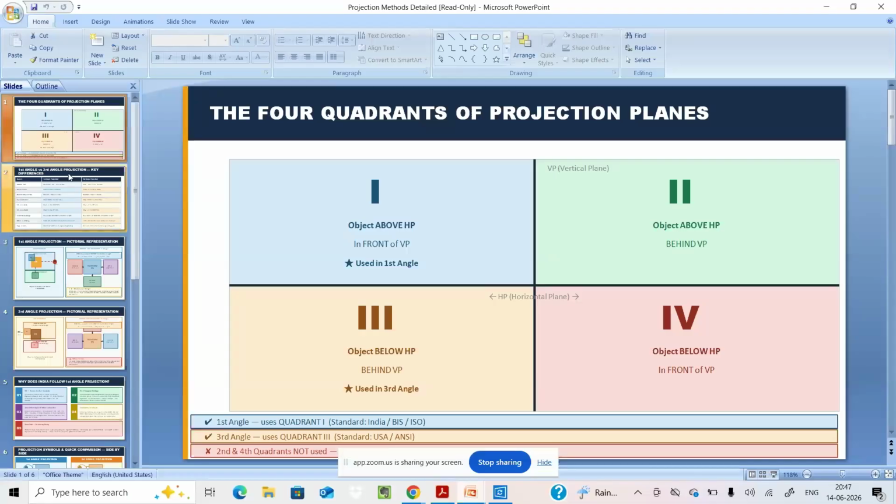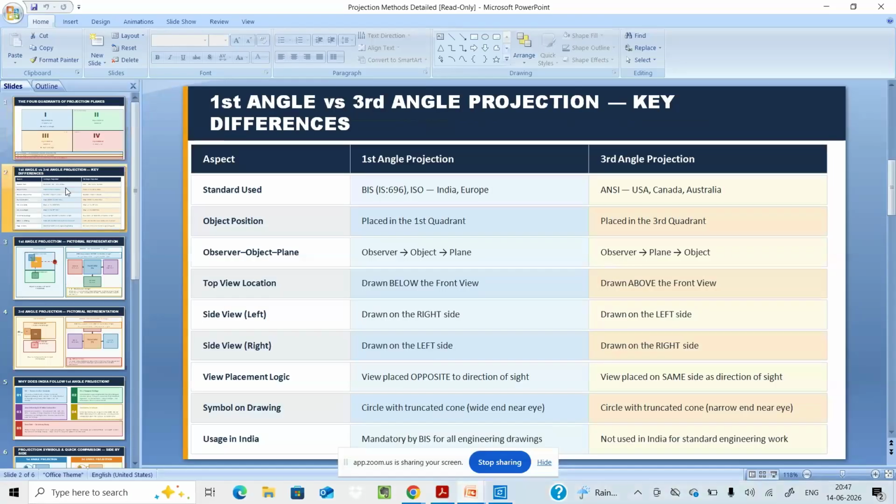The first and foremost difference you should know is between the first angle projection and the third angle projection, because once you know this, you can proceed further with the drawings. In India and Europe we use the first angle projection, whereas people in the USA, Canada, and Australia use the third angle. In Saudi, which angle projection are you using?